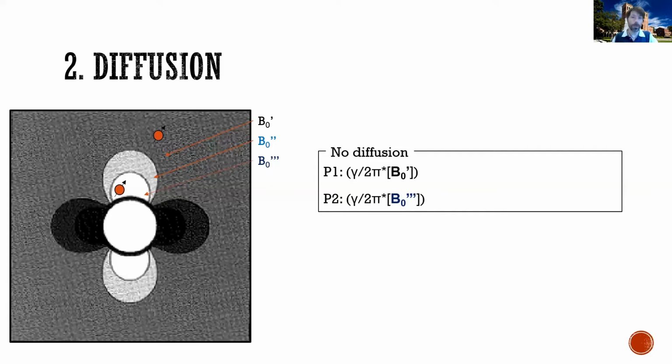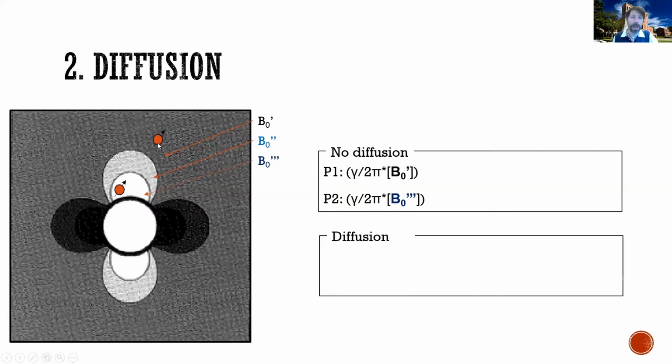So as protons move around, they experience not just one magnetic field, B0, but they might experience more magnetic fields. For example, let's say that this proton right here, after a radio frequency pulse, because it's just moving around, does this, and sort of moves around in here.